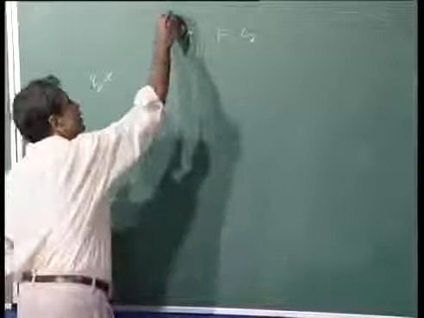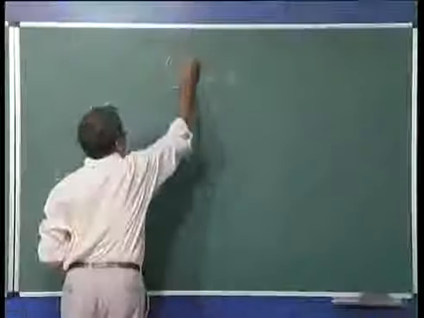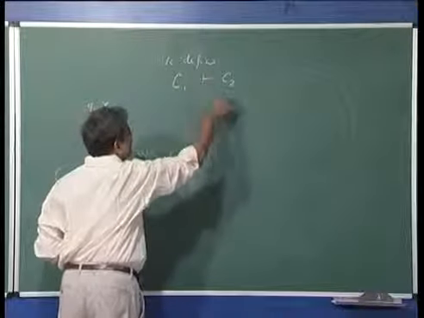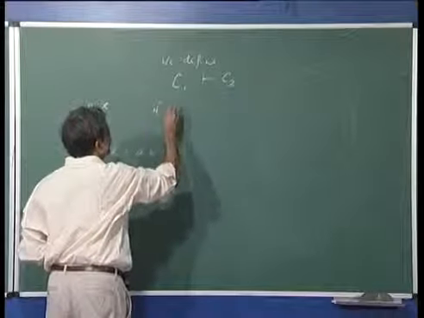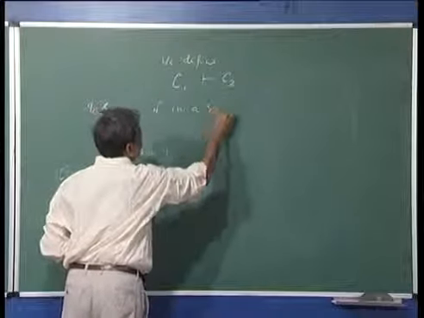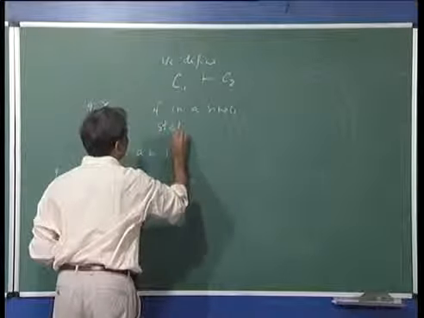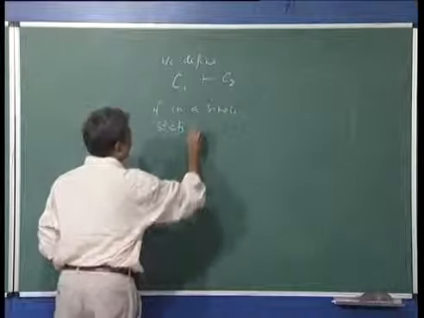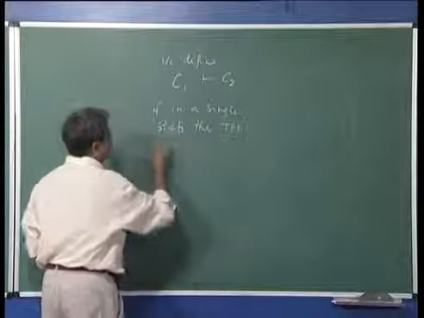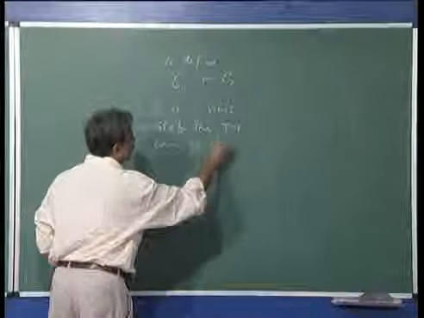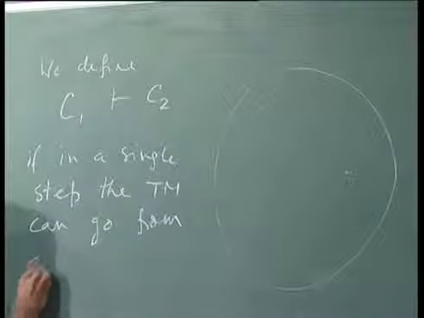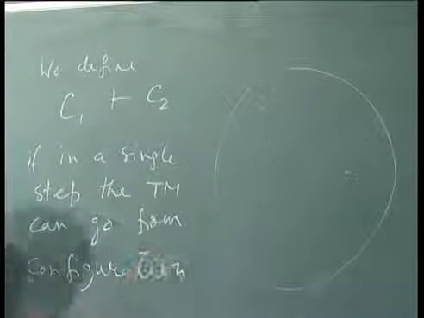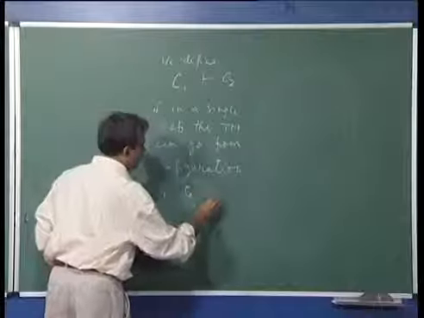So, let us put it this way. We define C1, then this relation symbol to C2 if in a single step the Turing machine can go from configuration C1 to C2.